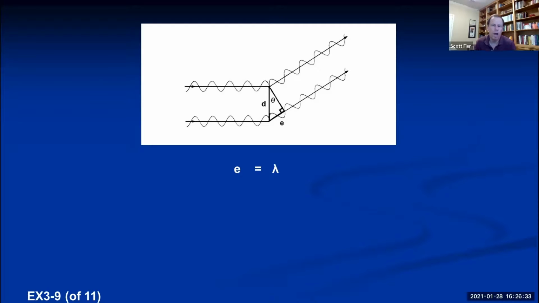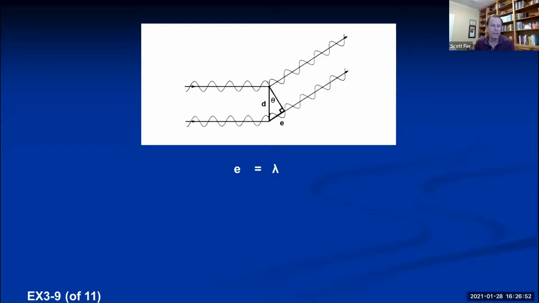So in this right triangle, that leg E is going to be the wavelength of the particular light that's impinging upon the diffraction grating. How is E related to the angle that it's bent through? Well, E and D, the leg and the hypotenuse, are related to that angle through the trigonometric function sine.